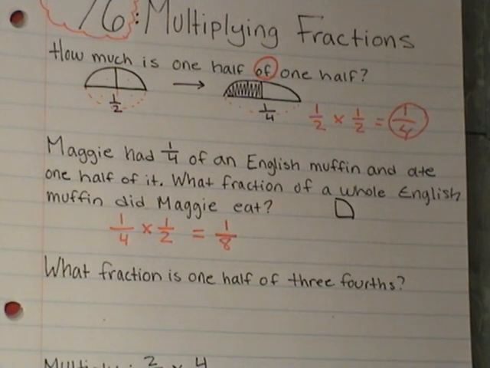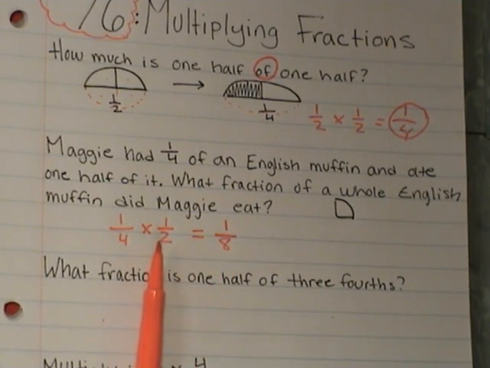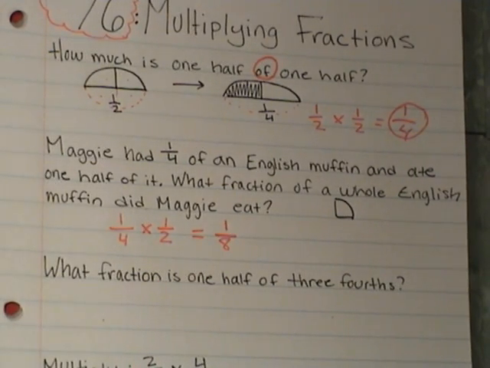Now, have you noticed when we multiply our normal numbers, like if we were to multiply 4 times 2, it gets bigger. But when we multiply fractions, they get smaller. 1/8 is much smaller. If you had 1/8 of a pizza compared to 1/2 of a pizza by yourself, 1/8 is much smaller. The denominator, remember, tells us how many pieces it's out of.